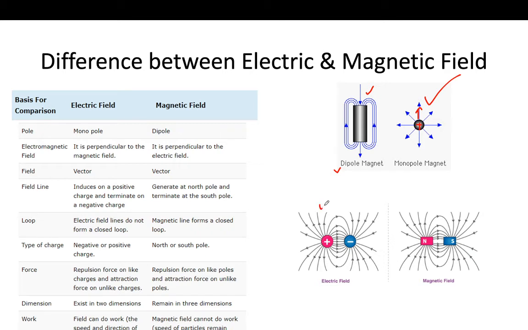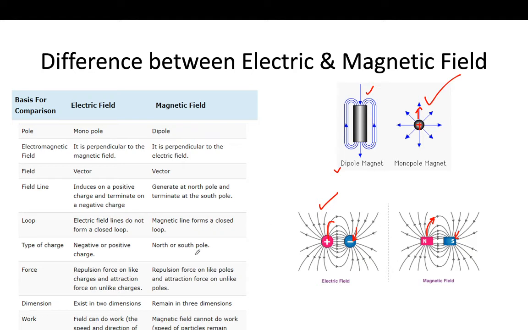Here in this picture you can see all the field lines are generated from the positive charge, and they always end on a negative. While in the magnetic field, instead of positive, all are generated from the north pole and end on the south pole.